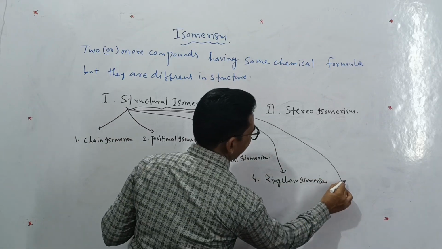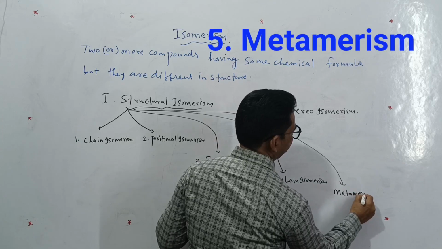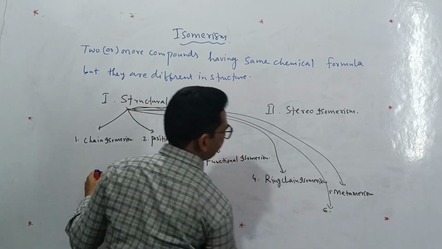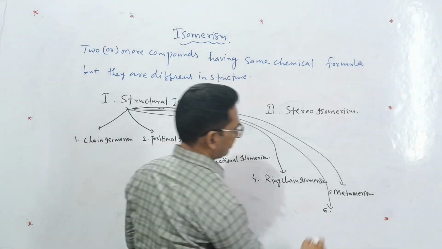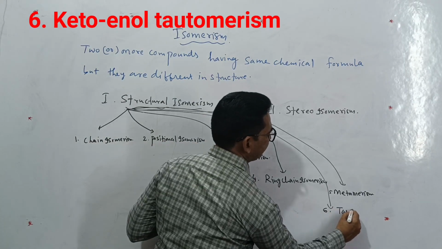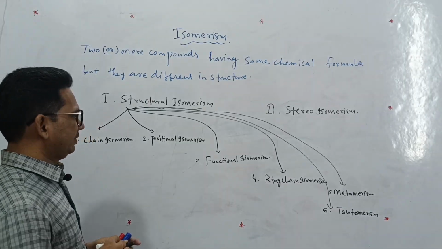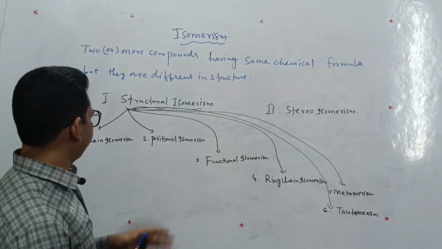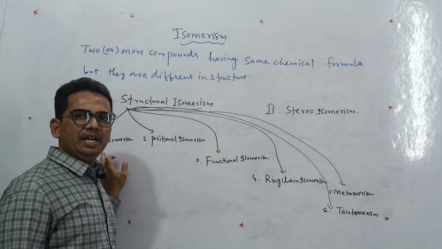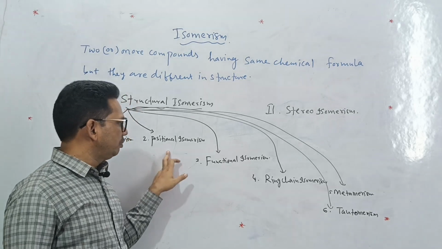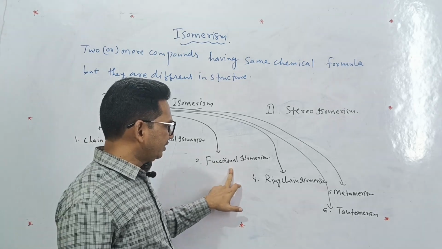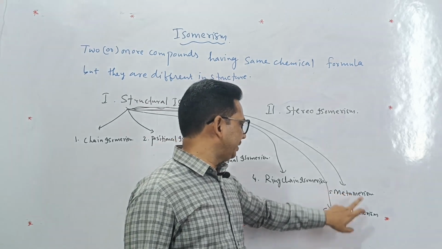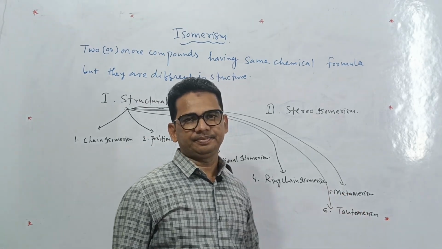Fifth, metamerism, and the last, sixth, tautomerism. So structural isomerism is classified into 6 types: chain isomerism, positional isomerism, functional isomerism, ring chain isomerism, metamerism, tautomerism.